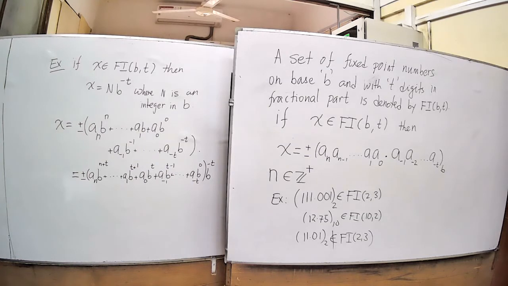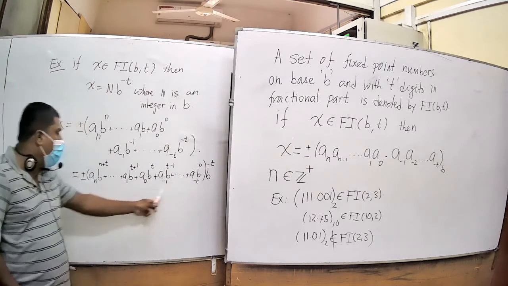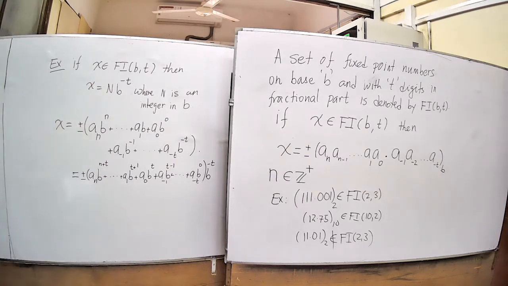So clearly this is a polynomial with power b to the power n plus t.